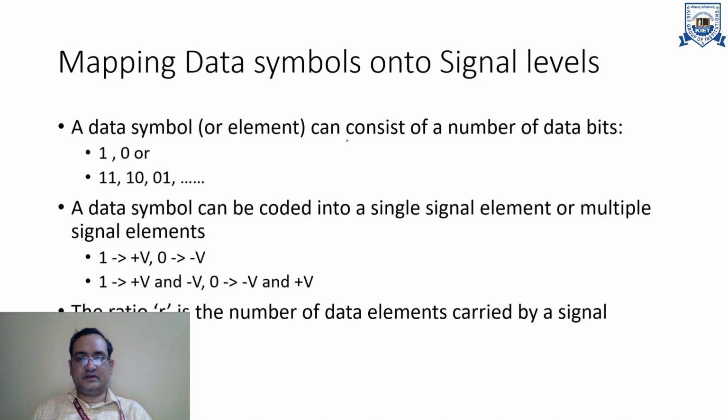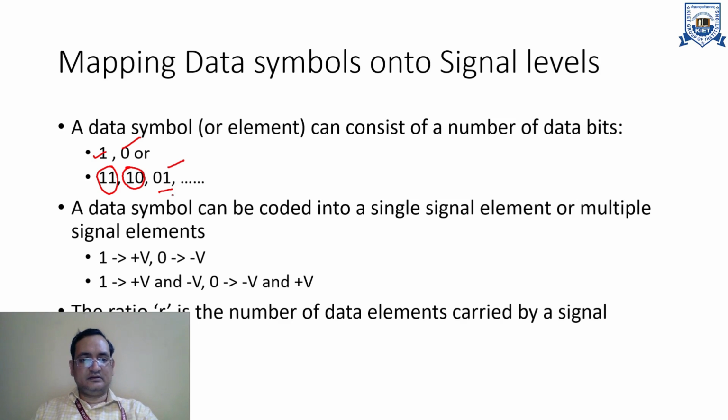A data symbol can also consist of a number of data bits, 1 or 0. A symbol having only one bit can be transmitted. If the symbol has more than one bit, let us suppose 2 or more, then it is also called a symbol.